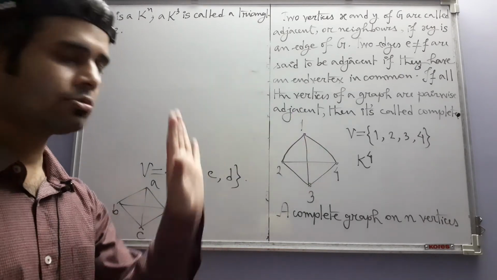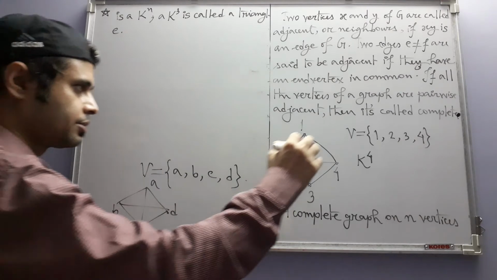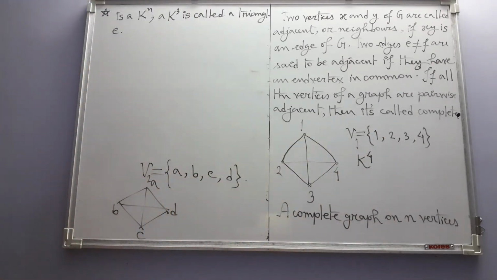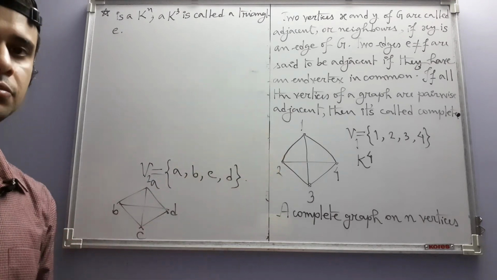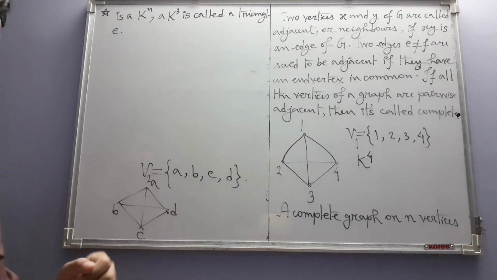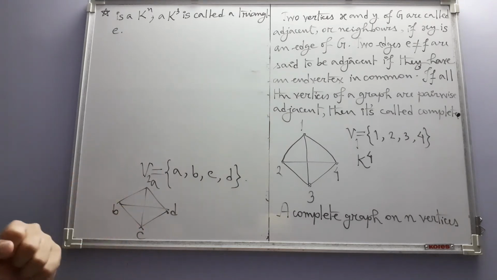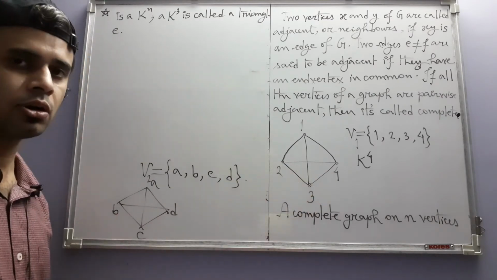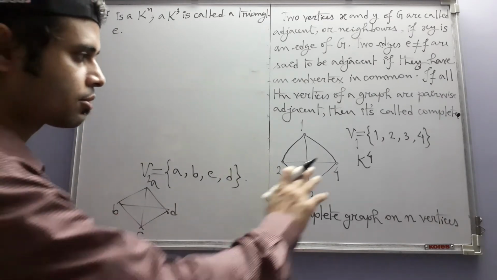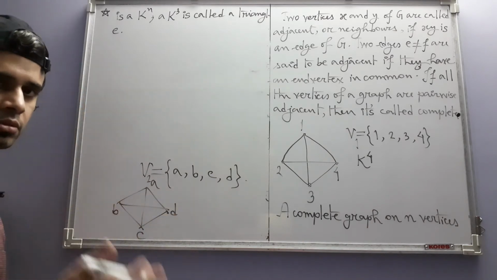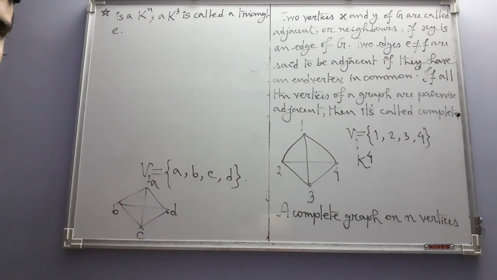Strictly speaking, these two are different. In fact, let's just give them different names also. Why? Because the vertex sets are different. So actually V2 is not equal to V1, but the graphs look similar. So that's why each one of them is called a K4. It just conveys the information that any two distinct vertices are adjacent.